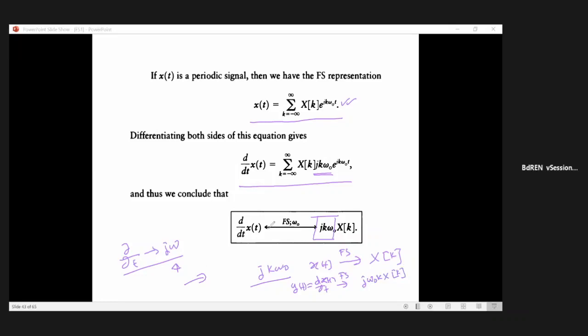So you can see that y_k, the Fourier constant of the resulting signal y(t), is just a simple multiplication of j omega 0 k with the Fourier constant of the original signal x(t). Then we will get the signal.